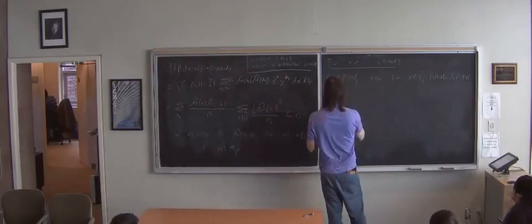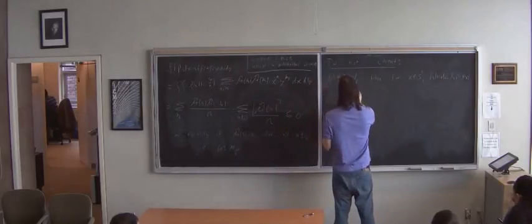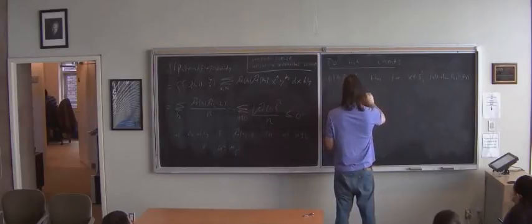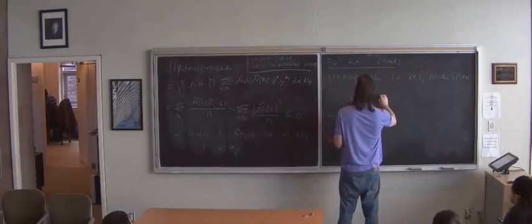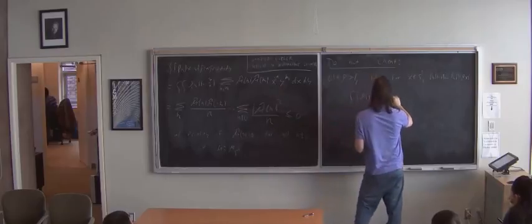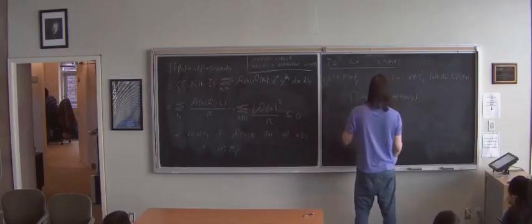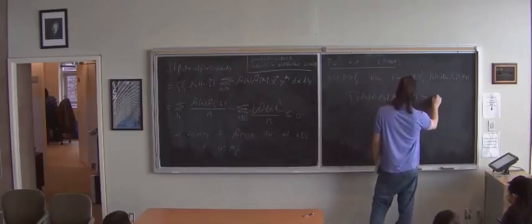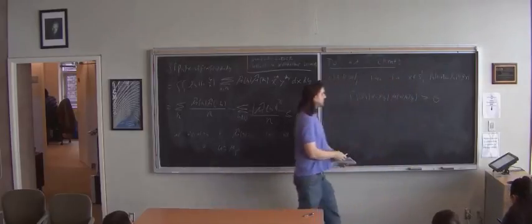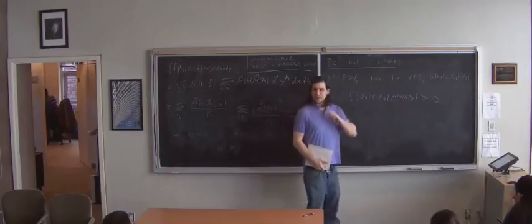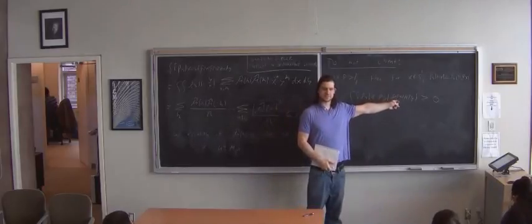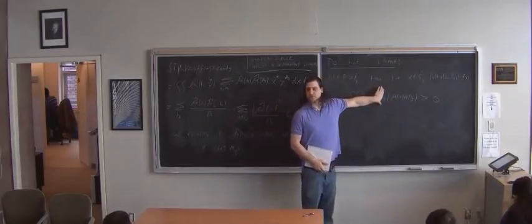So therefore, we know that the integral of log|x minus rho y| dmu(x) dmu(y) is greater than 0. We know it's greater than or equal to 0 if you take rho equals 1.